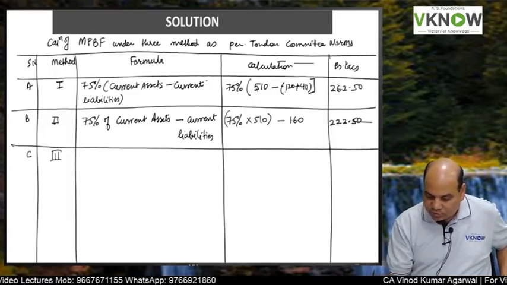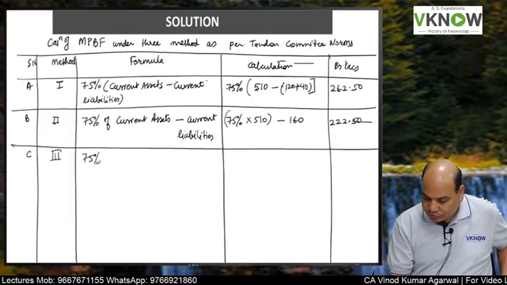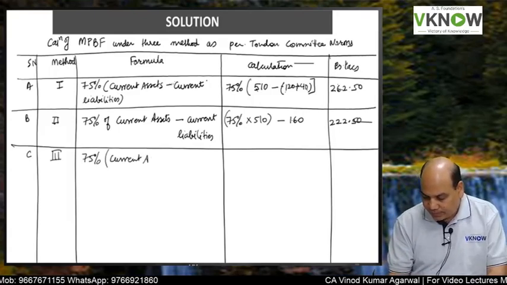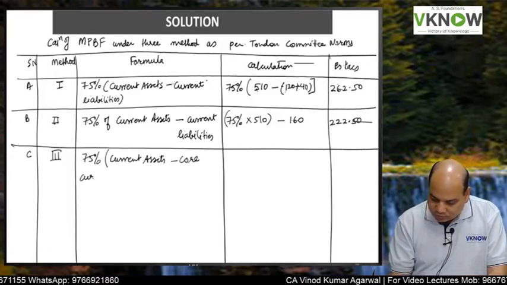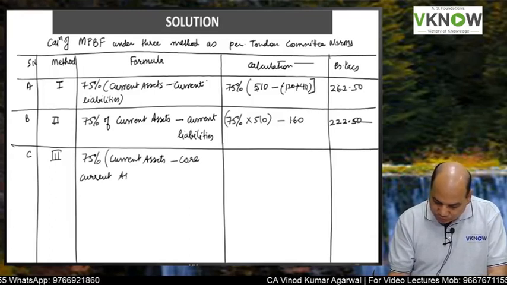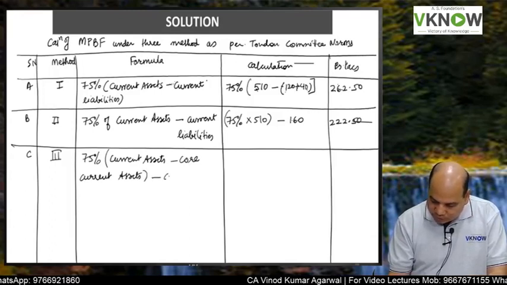Can you believe that? Third formula, write down 75% in bracket current asset minus core current asset minus current liability.